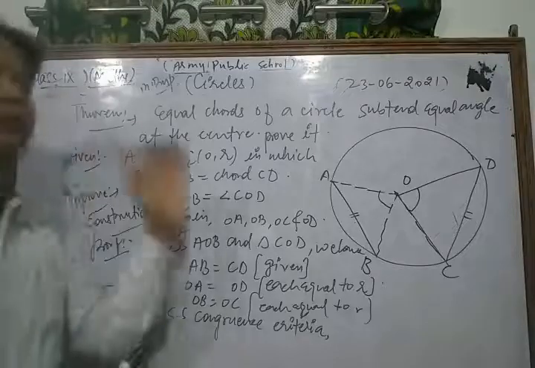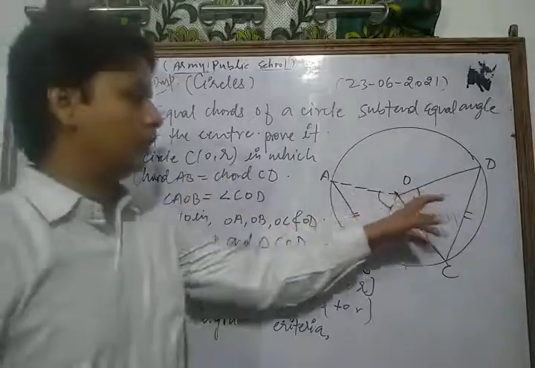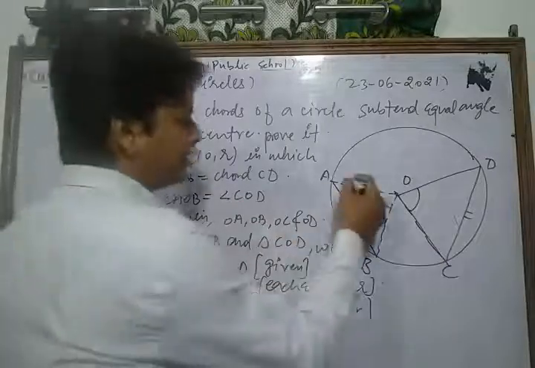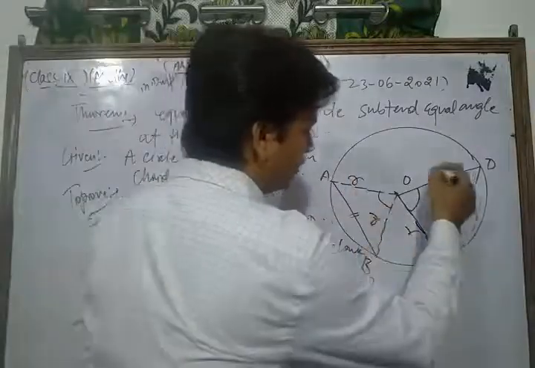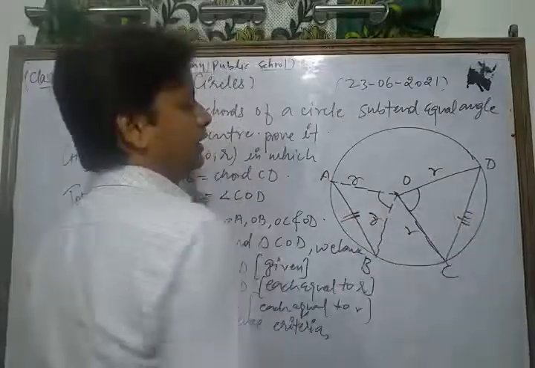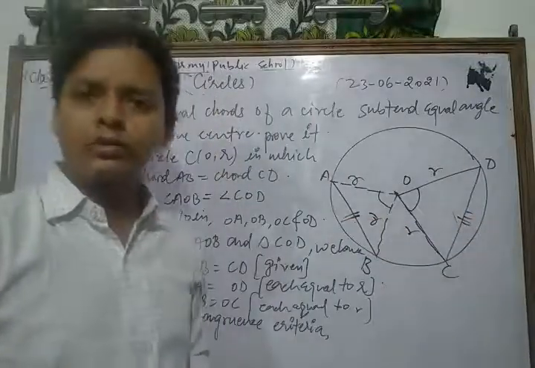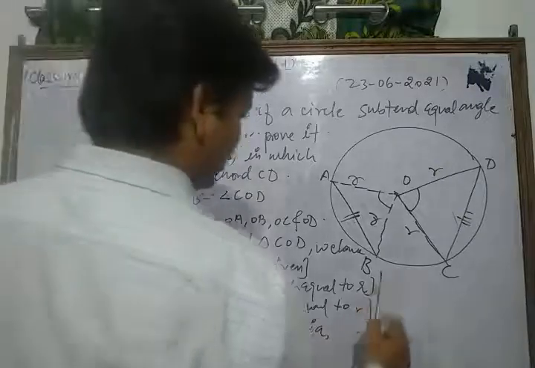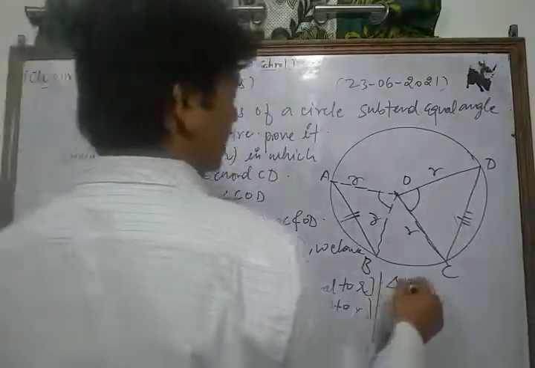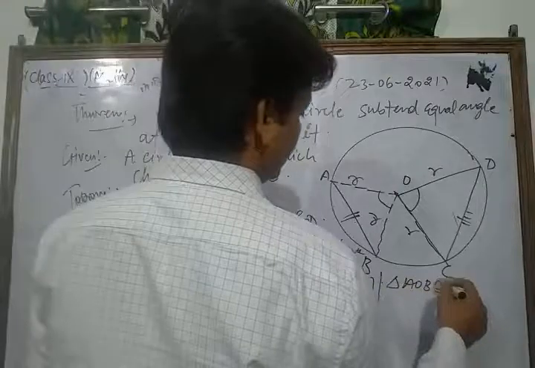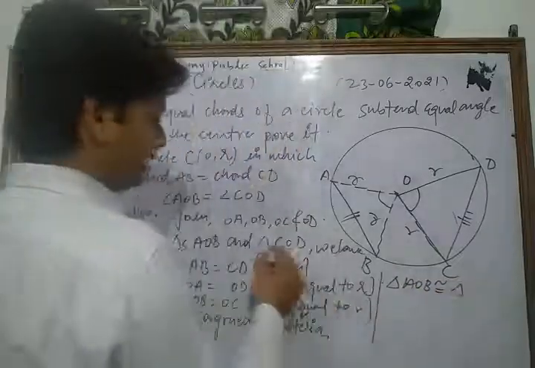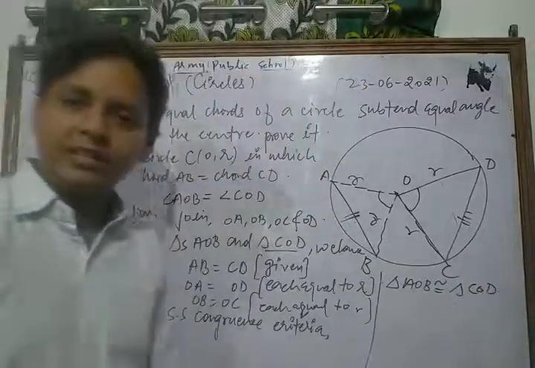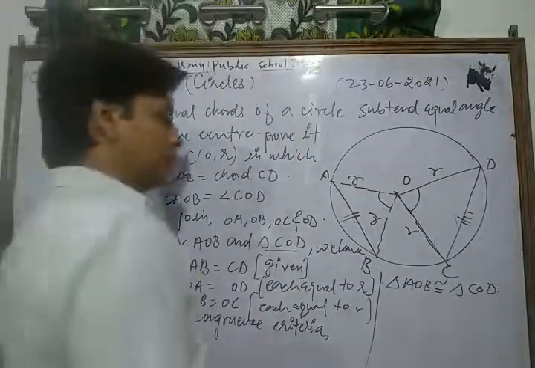Let's see once more. So OA is equal to OD, OB is equal to OC because each is equal to the radius of the circle, and AB is equal to CD. This is given, means equal chords of the circle. So thus by SSS criteria, triangle AOB is congruent to triangle COD. Thus by CPCT, dear friends.